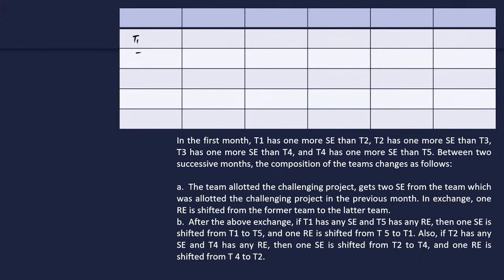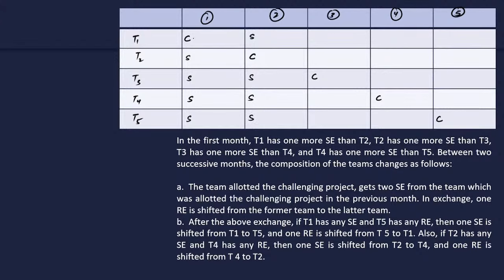So T1, T2, T3, T4, T5 and first month, second, third, fourth and fifth month. ठीक है. Now challenging project C, S, S, S, S, then S, C. So challenging project इस तरीके से मिलेगा. ठीक है. Remaining projects are standard.